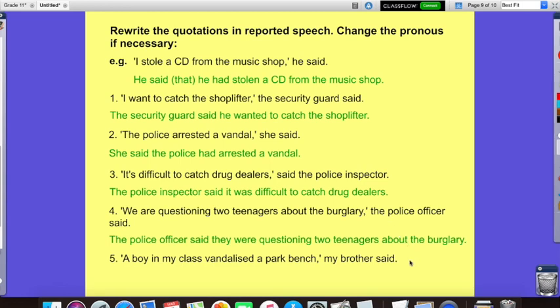And the last sentence, a boy in my class vandalized a park bench, my brother said. The correct answer is, my brother said a boy in his class had vandalized a park bench.